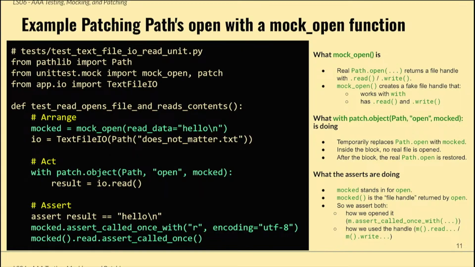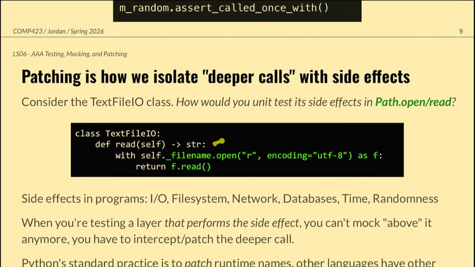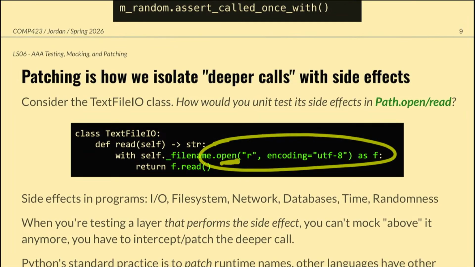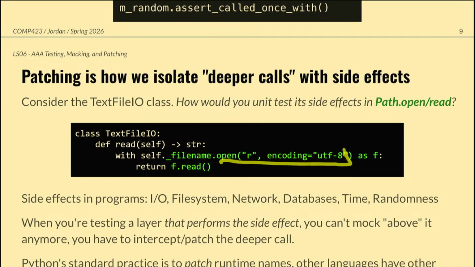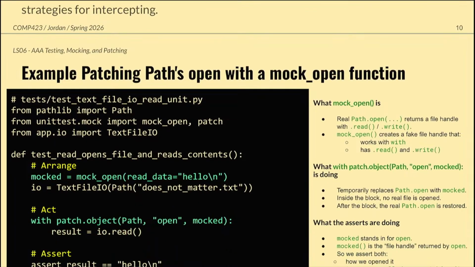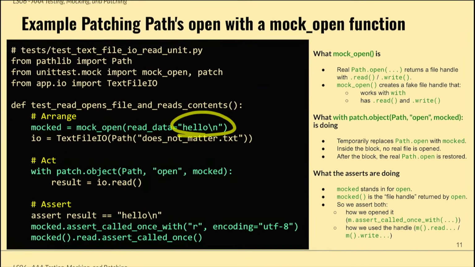We pass in our mocked implementation, and now when we call this method io.read, and our execution hits this point in time, well, we overrode the path class's open method with this new mock open, and so when we finally get to this point of file.read, it's going to return to us hello as our text.